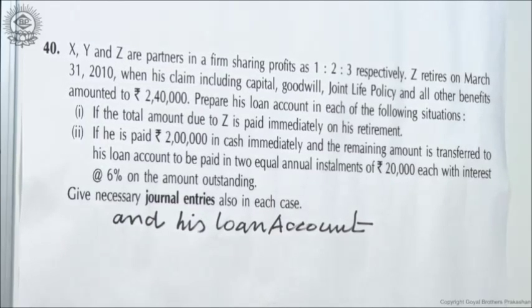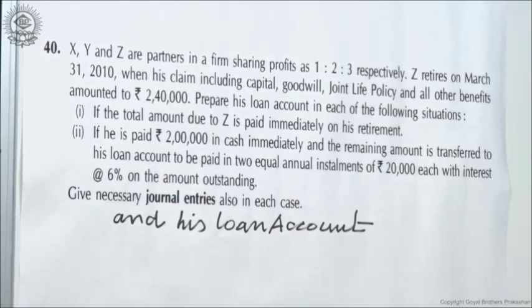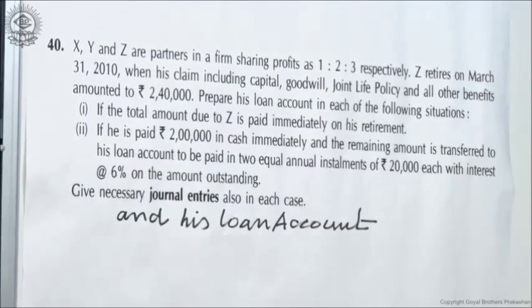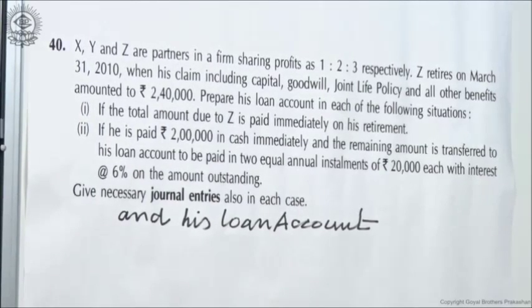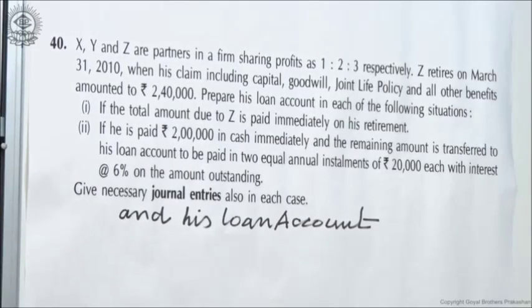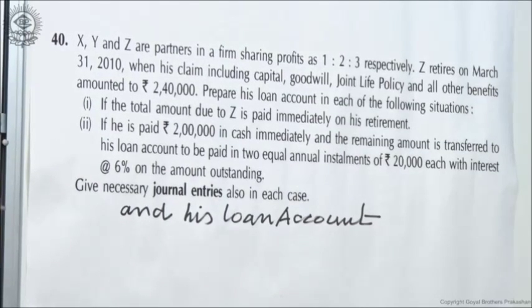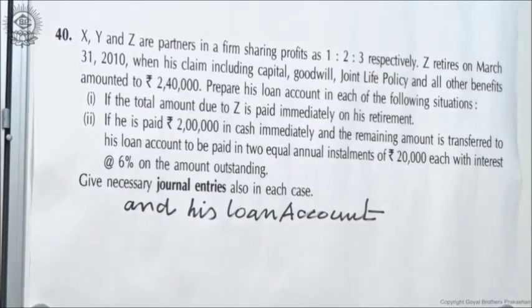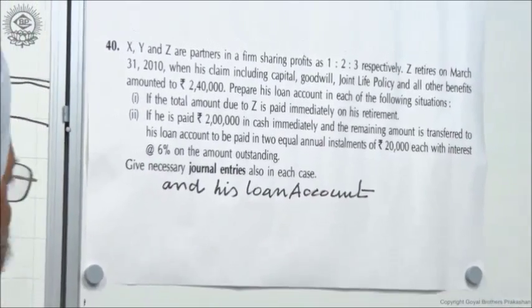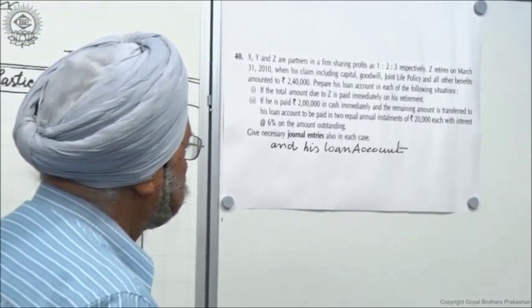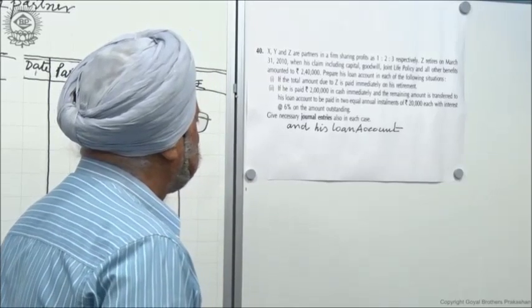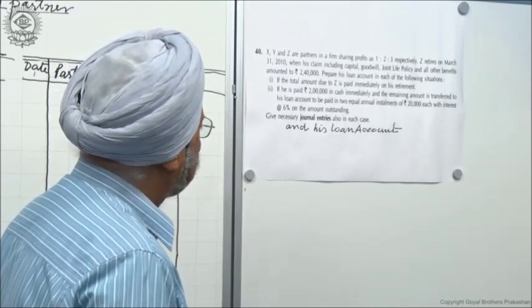Number one, if the total amount due to Z is paid immediately on his retirement. Number two, if he is paid 2 lakhs of rupees in cash immediately and the remaining amount is transferred to his loan account, to be paid in two equal installments of rupees 20,000 each with interest at the rate of 6% on the amount outstanding.